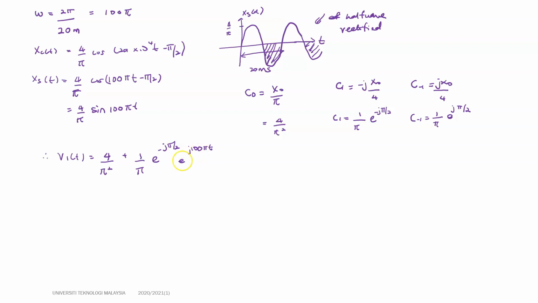So don't forget to multiply this exponent j 100 pi t, it is needed. You can look at the equation from the Fourier series table, and then plus 1 over pi exponent j pi over 2 exponent j 100 pi t. So this is your new V1t.